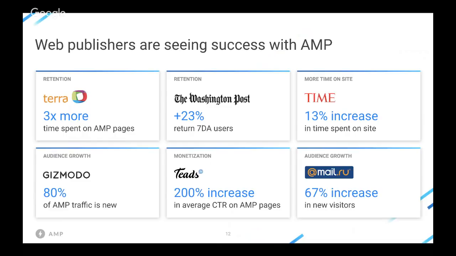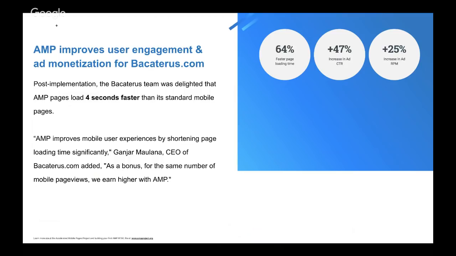The Washington Post are able to improve their user retention with 23% higher 7-day returning users. Last but not least, Teats sees a better monetization with 200% increase in the average CTR on AMP pages, which is great for video content.